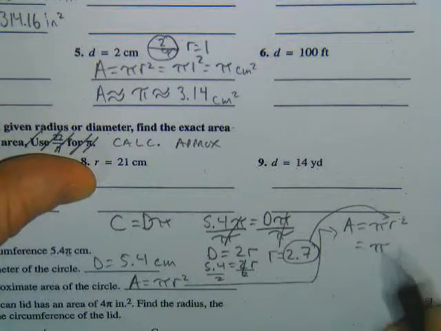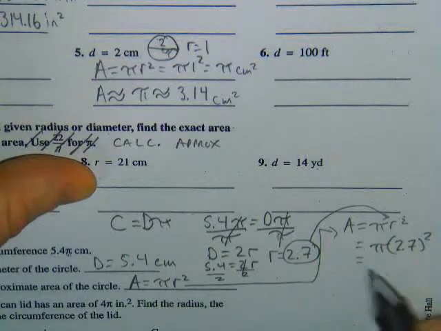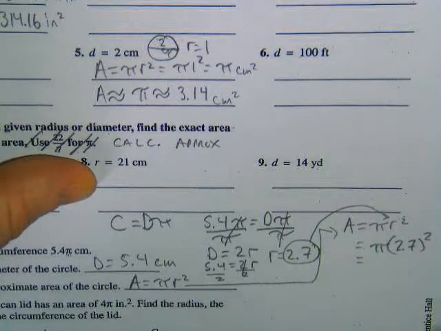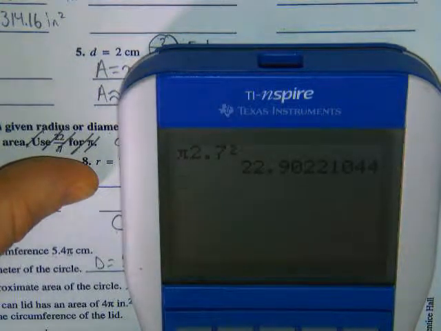Pi times 2.7 squared. I just threw that all in my calculator, to be honest with you. Pi times 2.7 squared.